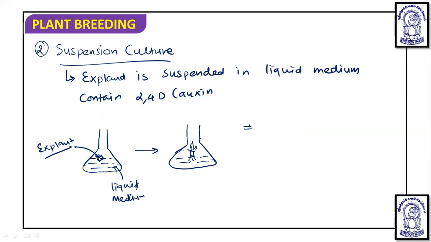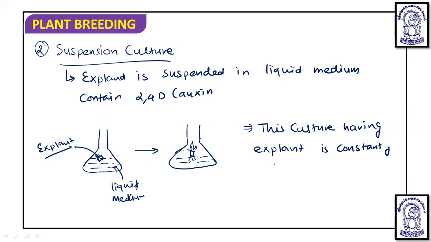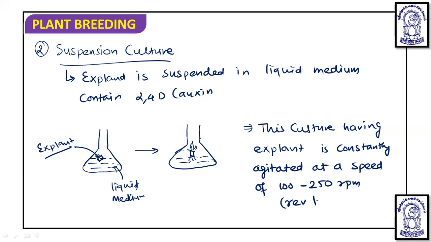Now this culture having the explant is constantly agitated at a speed of 100 to 250 rpm, and rpm means revolutions per minute.